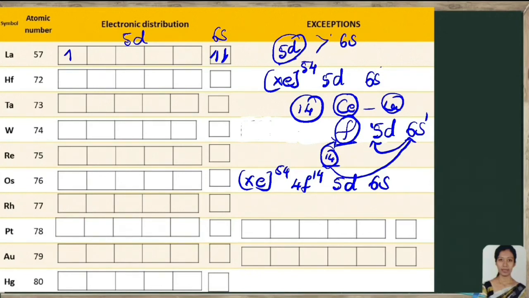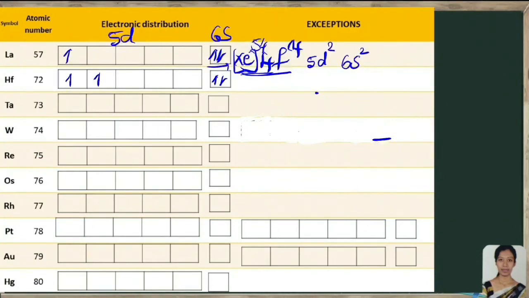After this 68, 2 electrons will enter 6s. 68 plus 2 is 70. Another 2 electrons will be placed in the 5d orbital. In a similar way, tantalum is 6s2 with 5d3.